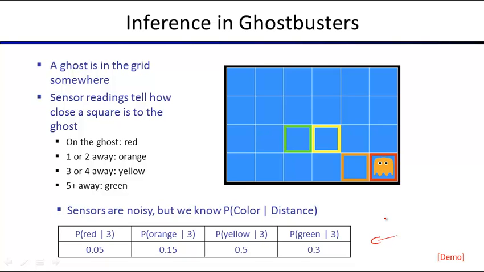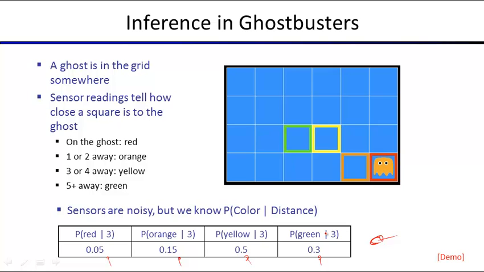Together they form the sensor model. If the ghost were 3 steps away, then this is the sensor model: probability of measuring red is 5%, orange 15%, yellow 50%, and green 30%. So you can think of this as, well, the sensor was kind of built to measure yellow when the ghost is 3 steps away, but it's not super accurate and sometimes measures something else.